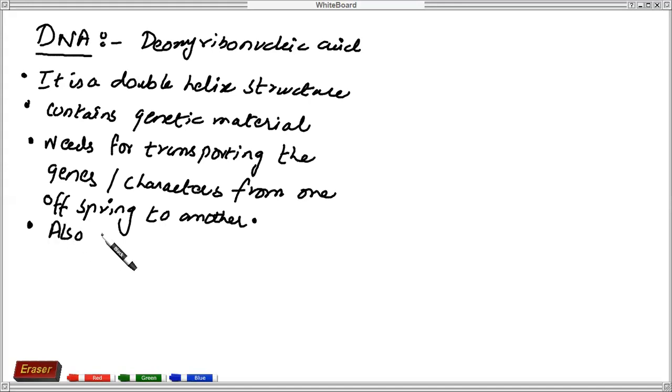It is also required to control different functions of the cell.